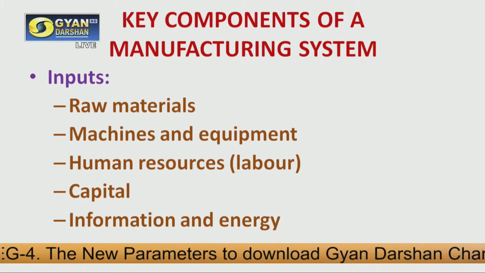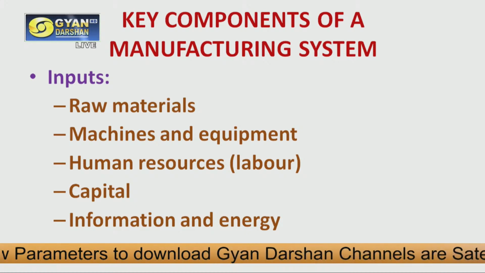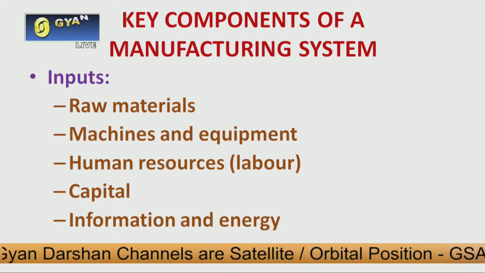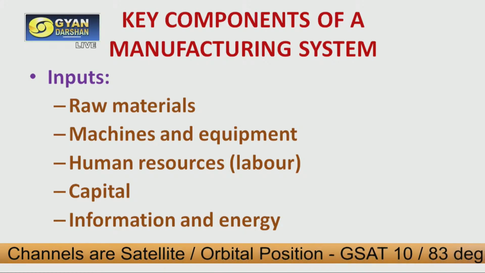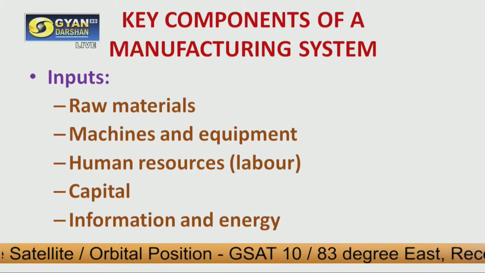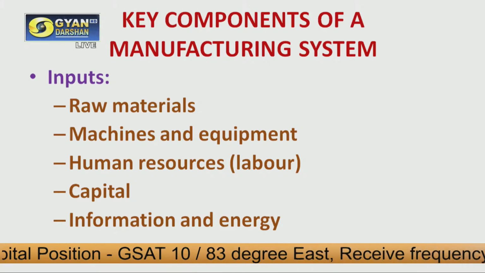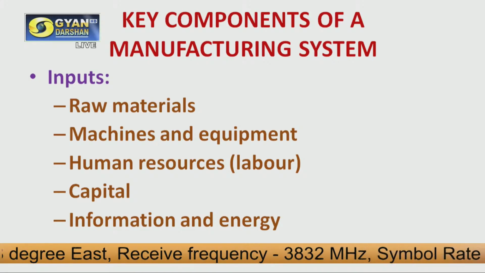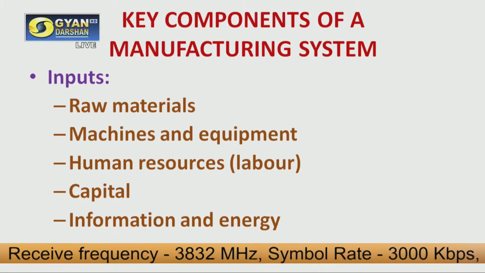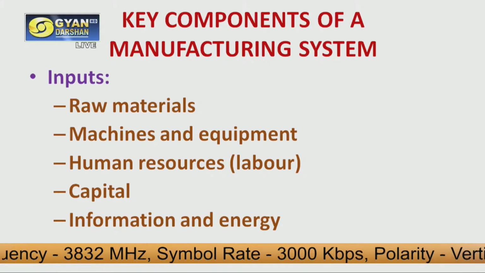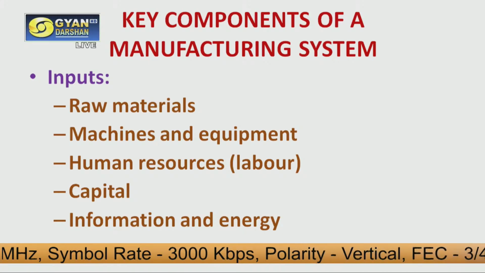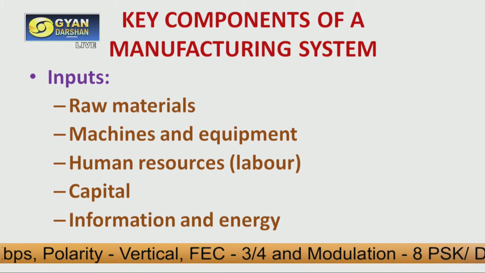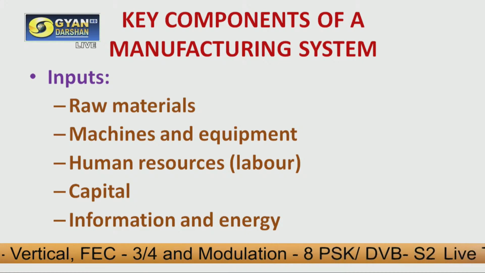Then information and energy, because energy, electricity, you need. You need other sources of energy. Then information, in terms of how much product you are going to make. You cannot make an infinite number of products, or a very small quantity. It all depends upon the market situation. So that is why we have written the input as information.